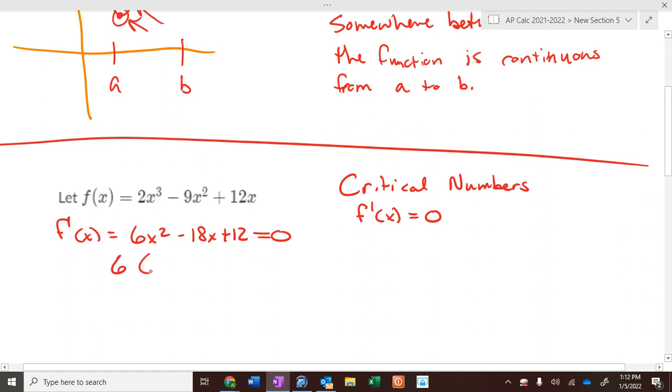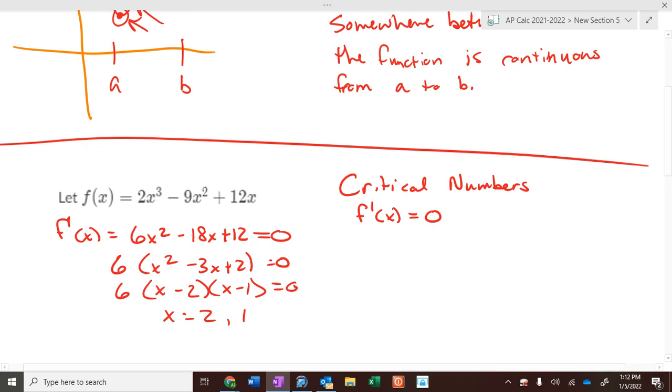A 6, and you get x squared minus 3x plus 2. So it's (x minus 2)(x minus 1), so x equals 2 and 1. So 2 and 1 are our critical numbers.